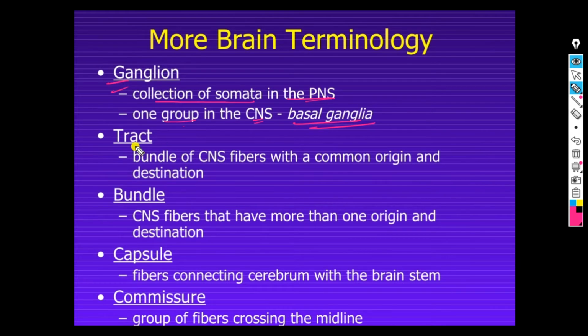A tract is a bundle of CNS fibers with a common origin and destination. CNS fibers means a group of axons. A bundle is a group of CNS fibers that have more than one origin and destination. A capsule is fibers connecting the cerebrum and the brainstem. A commissure is a group of fibers crossing the midline, for example the corpus callosum.